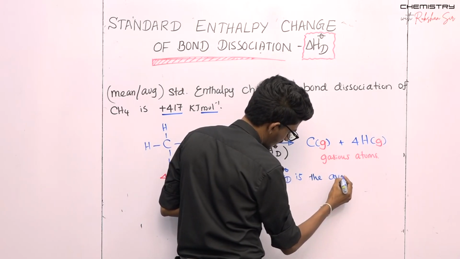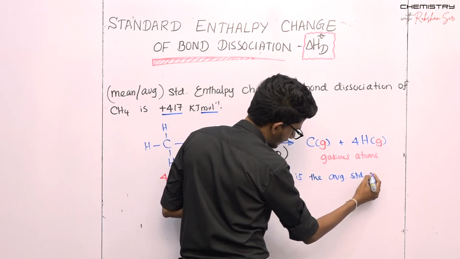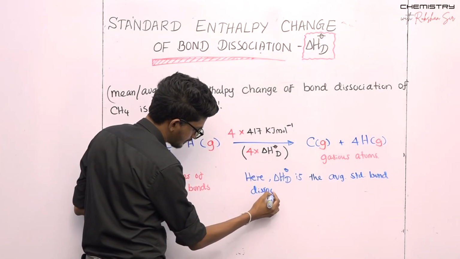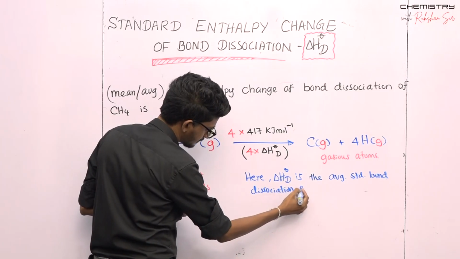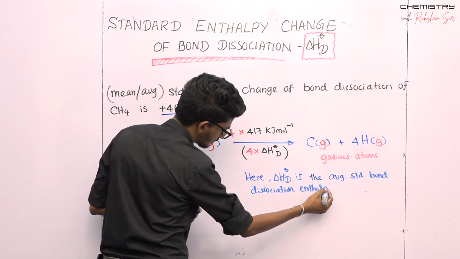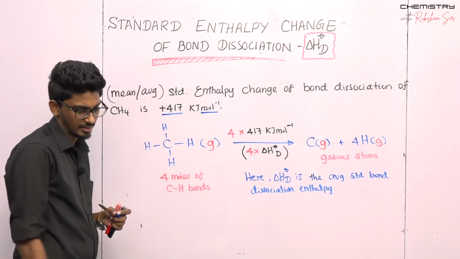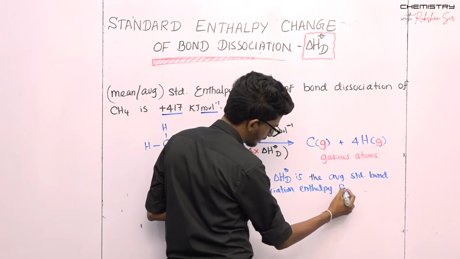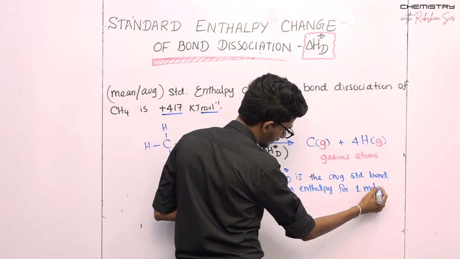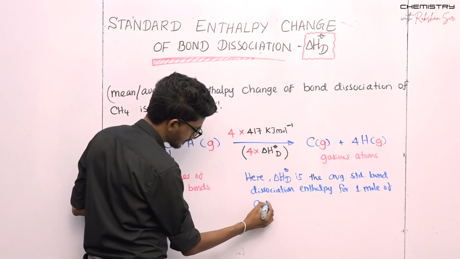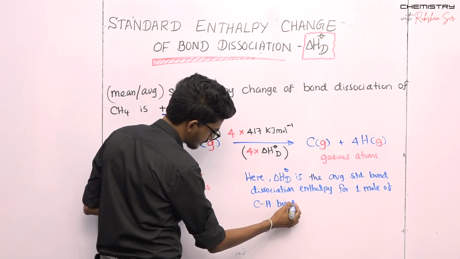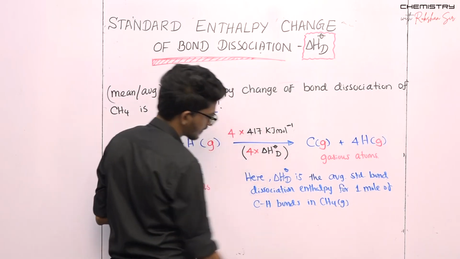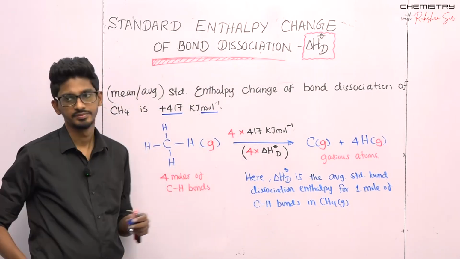The average standard dissociation enthalpy. Average standard bond enthalpy for 1 mole of CH bonds, then CH4 gas. Right now, write that thing as well.